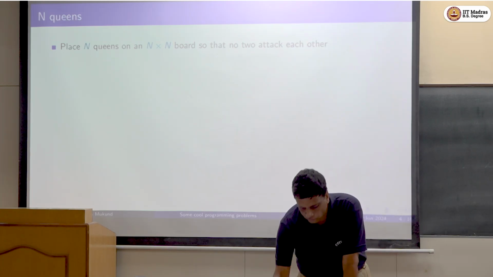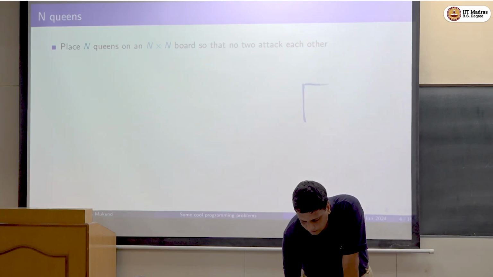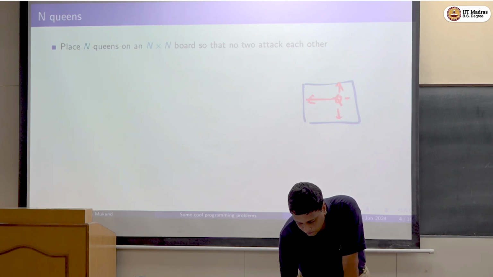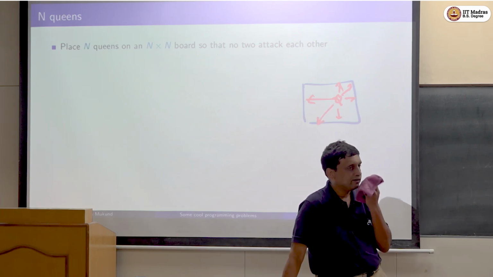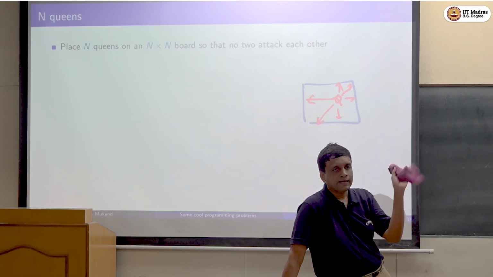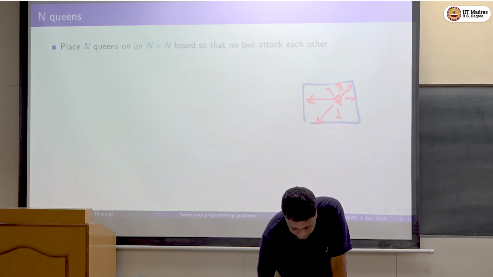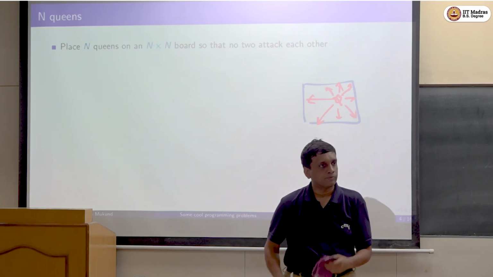So queens move in chess. A queen can go as far as it can by moving diagonally or this way also. So it has 4 different directions in which it can move.